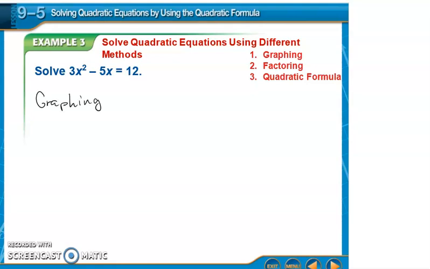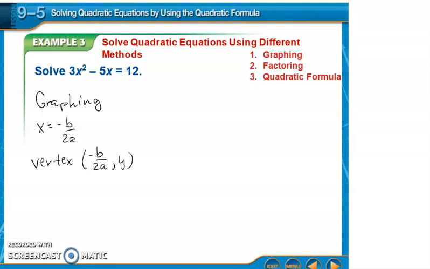By graphing, you have to know how to graph the axis of symmetry, x equals negative b over 2a. You need to know how to find the vertex. The vertex is going to be the coordinate point with x equal to negative b over 2a, and then the y value, when you plug this value back into your equation.